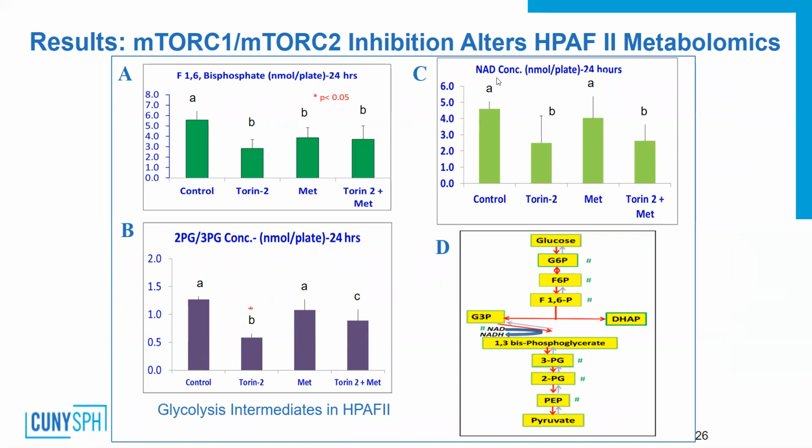Also, the NAD concentration, which is the energy equivalent, was decreased by taurine-2. And the 3PG was decreased, suggesting that several intermediates of glycolysis have been inhibited by mTOR1 and 2 inhibitors in HPAF-II pancreatic ductal adenocarcinoma cell lines.